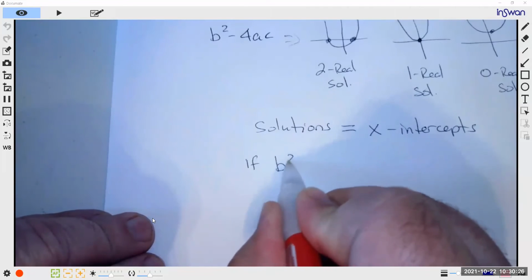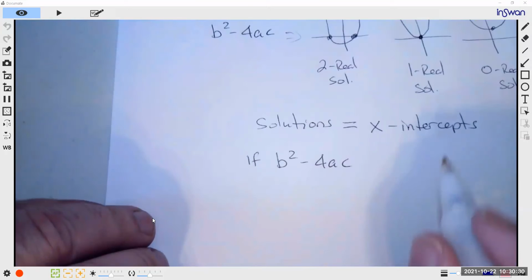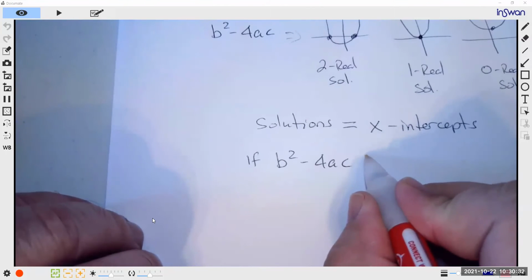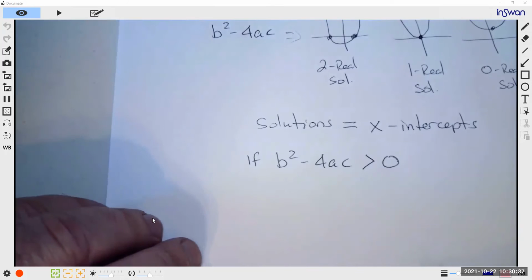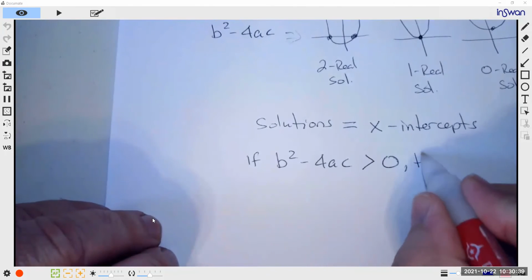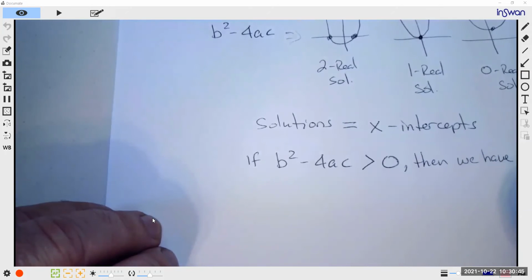If b squared minus 4ac is greater than 0, if it's positive, then we have 2 solutions.